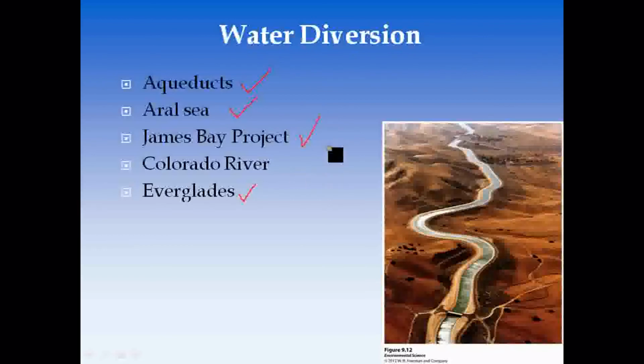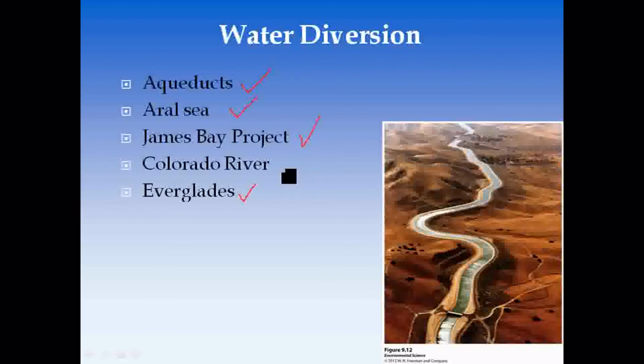The James Bay project was a hydroelectric dam project in Canada, but it also turned into a big water diversion project in order to get enough water to flow through their hydroelectric program. The Colorado River I just mentioned.